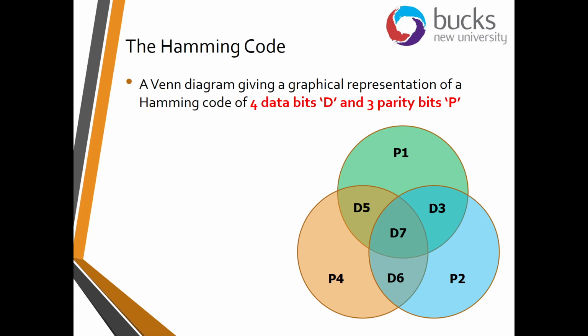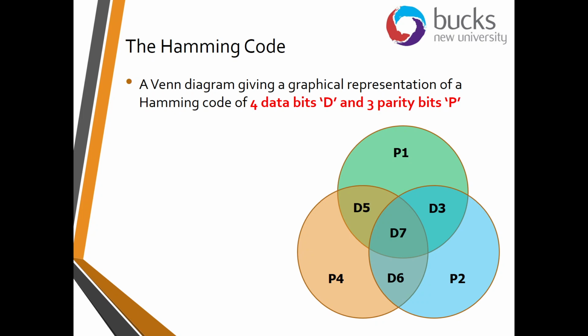Each data bit is overlapped by at least 2 parity checks. So for example, data bit 3 is checked by parity bit 1 and parity bit 2. Data bit 5 is checked by parity bit 1 and parity bit 4. Data bit 6 is checked by parity bit 4 and bit 2.